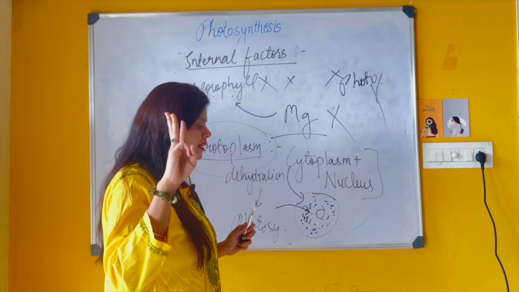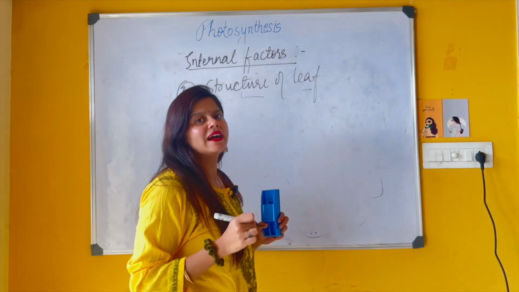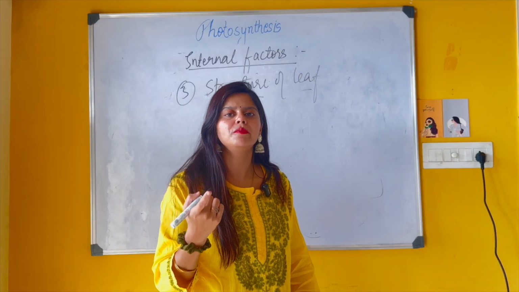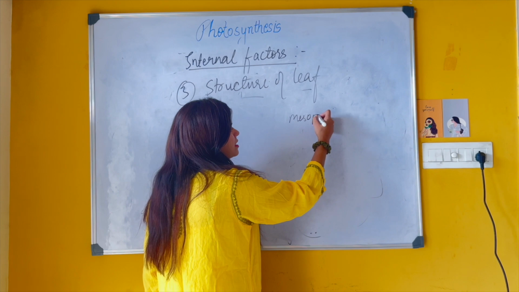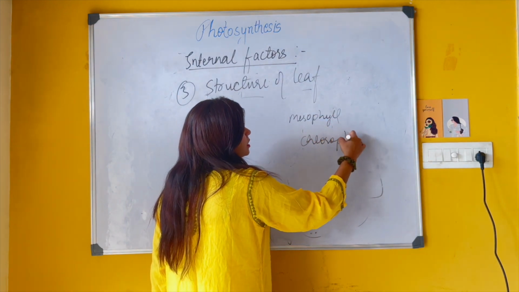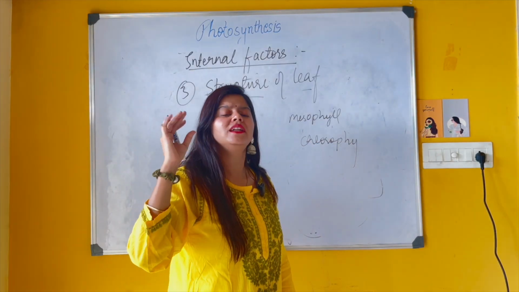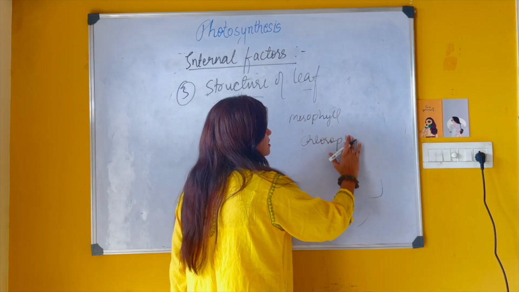Now the third internal factor है structure of leaf, क्योंकि leaf में क्या present है? You remember leaf में mesophyll cells में क्या present है? Chloroplast. तो leaf should be thin so that efficient sunlight or enough sunlight is reaching the chloroplast.